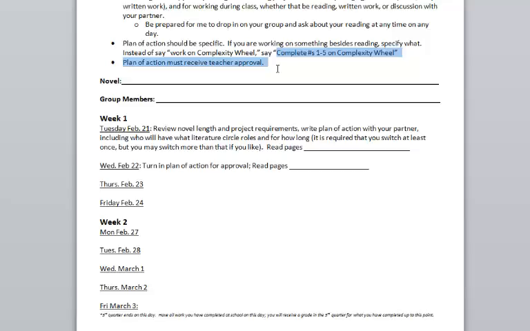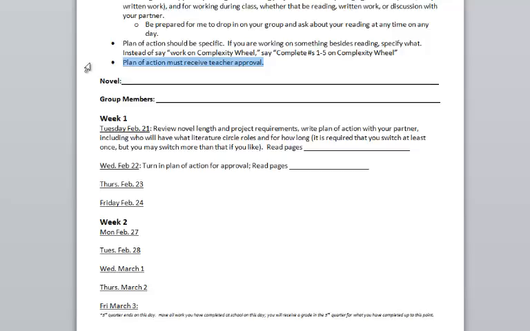Okay, that's fine. But I want you to have looked at what is required of you, looked at the amount of time you have, and have a well thought out tentative plan that you're following. Okay, and then of course the last thing is that this plan of action must receive teacher approval.